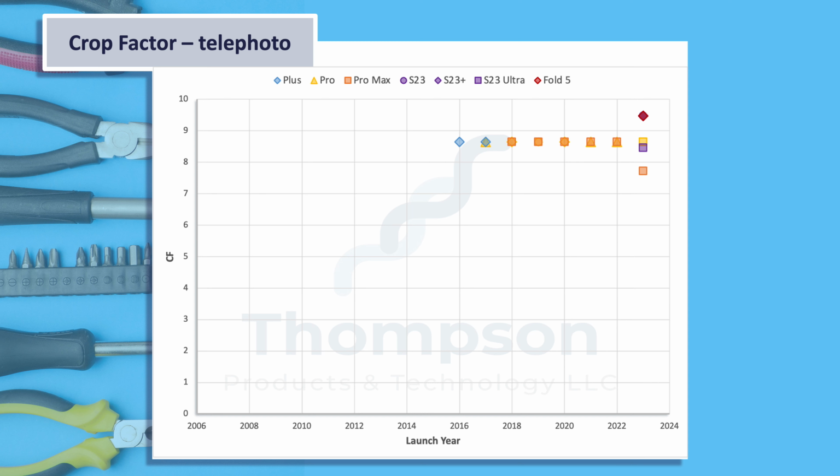While the sensor size has remained relatively unchanged for approximately 10 years, there's been big changes in 2023. Here, the 15 Pro Max is shown to have the largest sensor of any telephoto camera. It is also worth noting that the sensor is 12 megapixels in resolution, compared to the 10 megapixel sensor for the S23 Ultra. For this camera, I believe we can give the 15 Pro Max a win here.